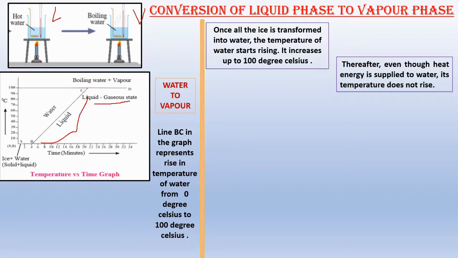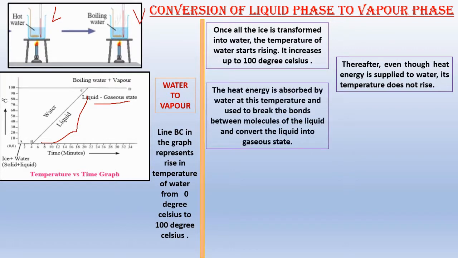Now when the temperature of the water reaches 100 degrees centigrade, still we are supplying the heat energy. The water has reached 100 degrees centigrade, but still we are supplying the heat energy, but the temperature doesn't rise. The temperature remains constant at 100 degrees centigrade.